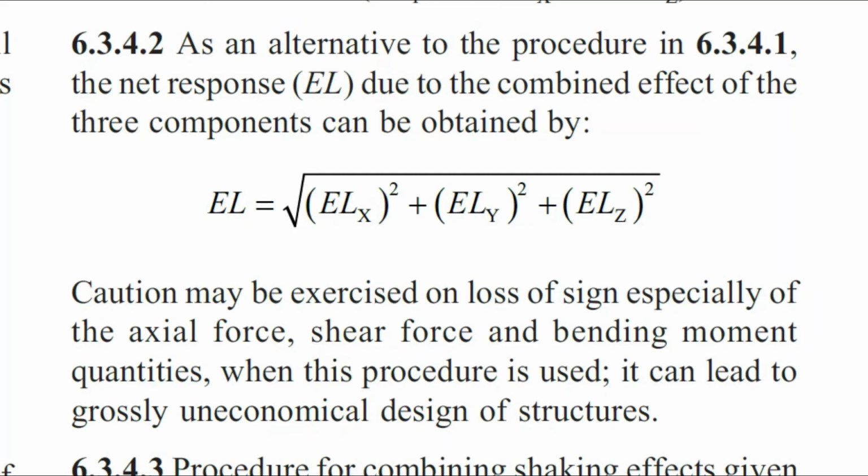Before we move ahead, let us look at an alternative approach given in 6.3.4.2. In this, the net response due to the combined effect of the 3 components, or it may be 2 components, can be obtained by earthquake load equal to the square root of ELX square plus ELY square plus ELZ square.